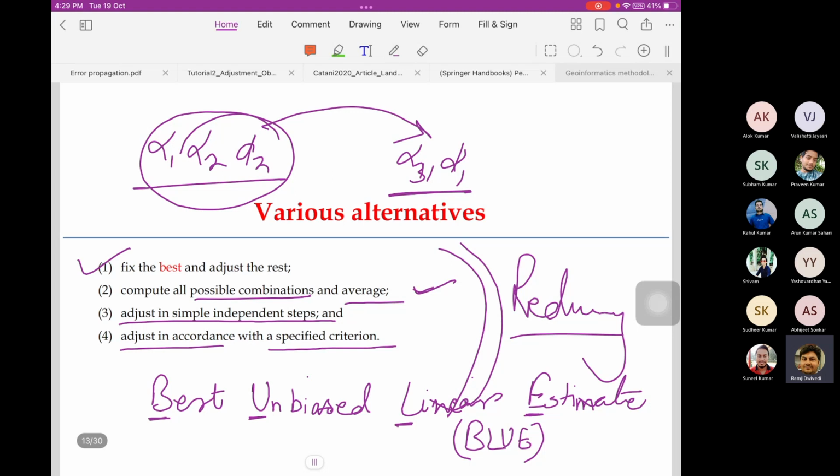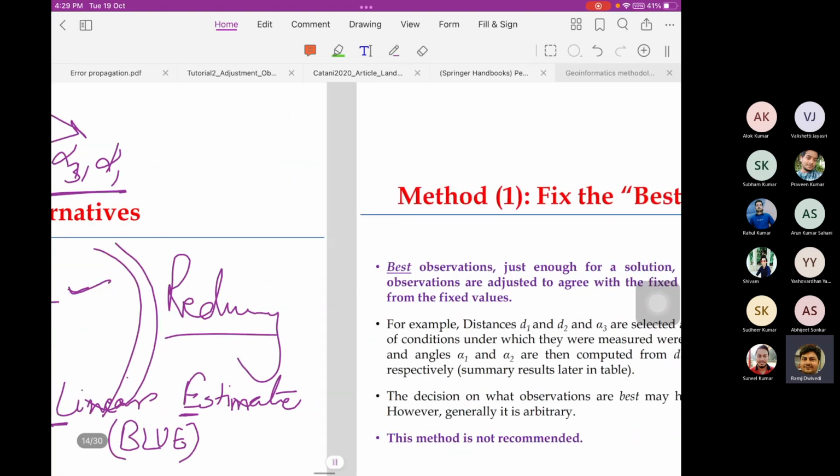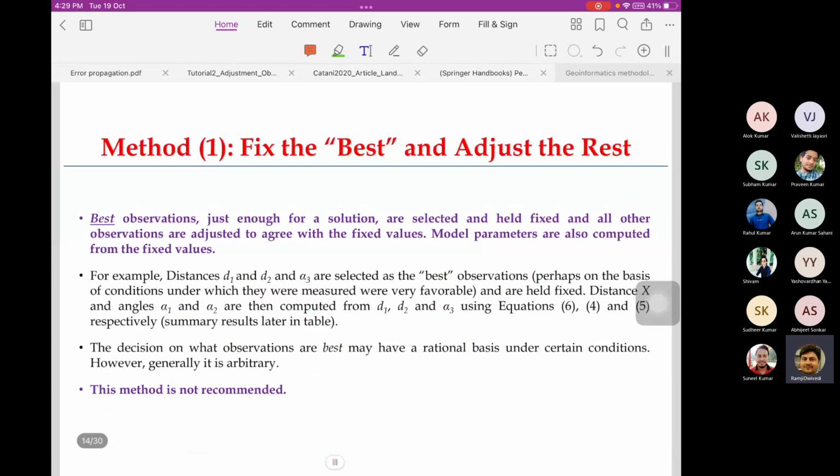Let us discuss the first case. Fix the best, adjust the rest. What is the drawback? The best observations, just enough for a solution, are selected and held fixed, and all other observations are adjusted to agree with the fixed values. Model parameters are also computed from the fixed values. For example, D1, D2 and alpha 3 are selected as the best observations, perhaps on the basis that the conditions under which they were measured were very favorable, or the staff is well equipped or well trained to work with highly sophisticated instruments, and they are held fixed.